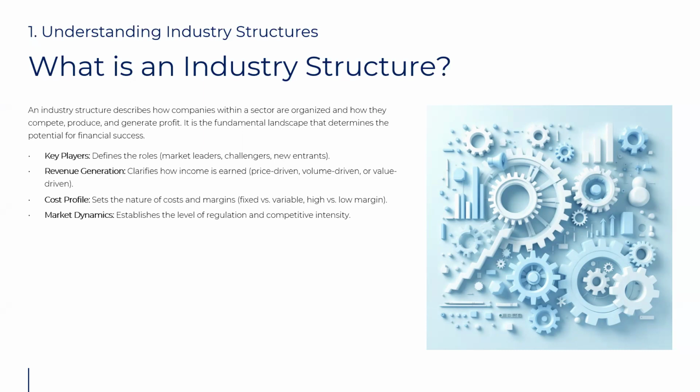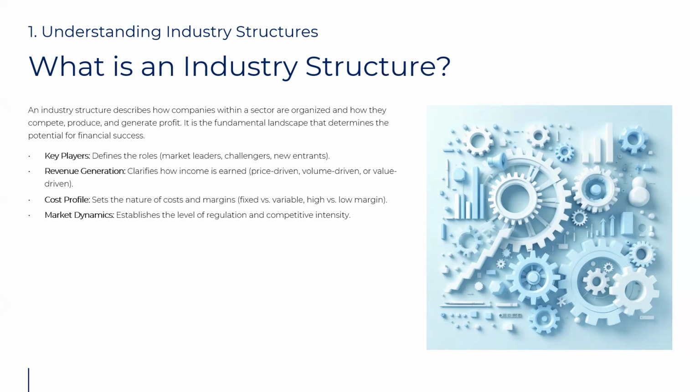When we're talking about industry structure, what do we mean? An industry structure describes how the companies within a sector are organized and how they compete among themselves, how they produce their products, and how they generate profits after they have deducted their expenses from their revenue.